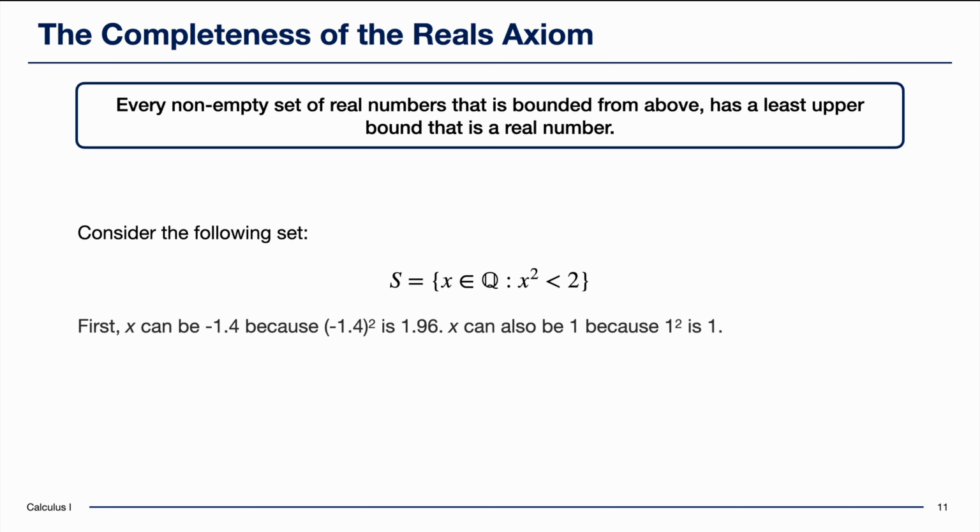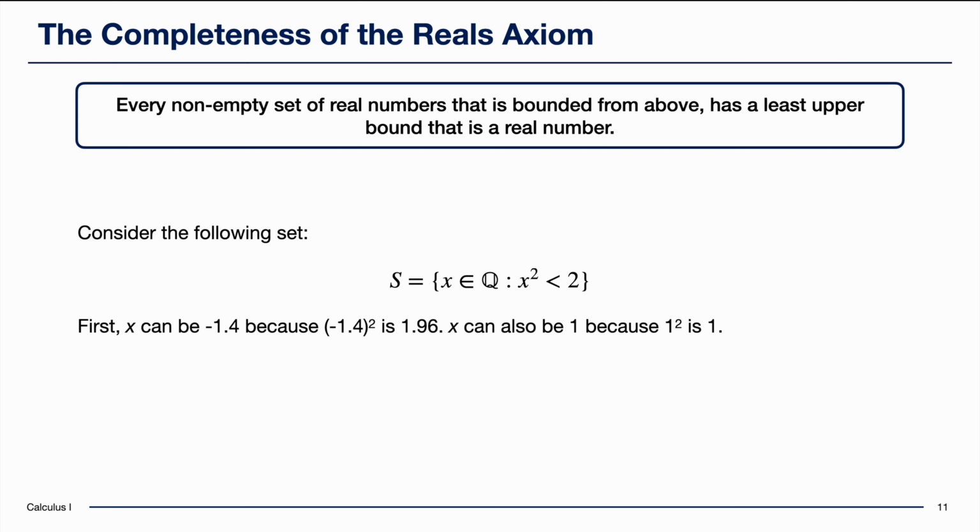For example, x can be negative 1.4 because negative 1.4 squared is 1.96, and 1.96 is less than 2, so x squared is less than 2, so this number is in the set. x can also be 1 because 1 squared is 1, and 1 is less than 2, so 1 is also in the set.